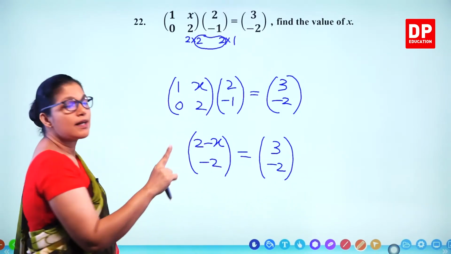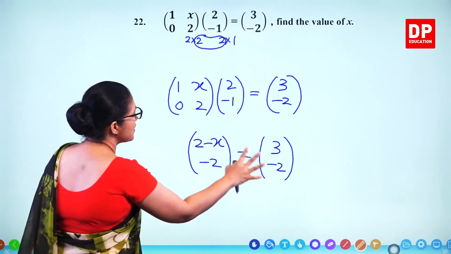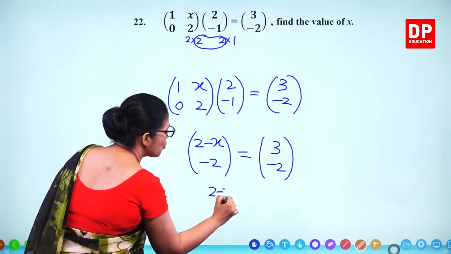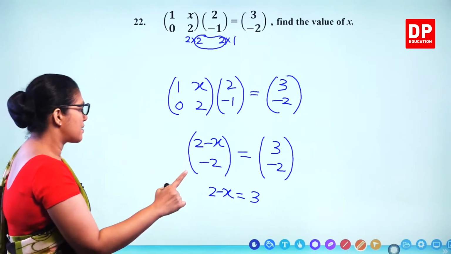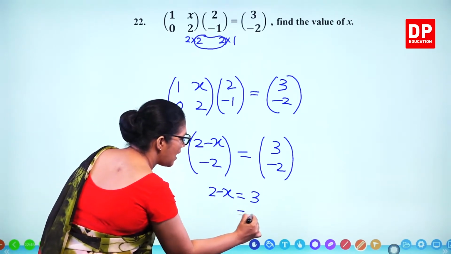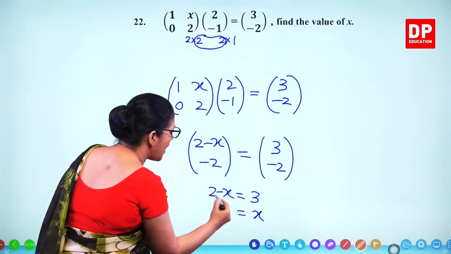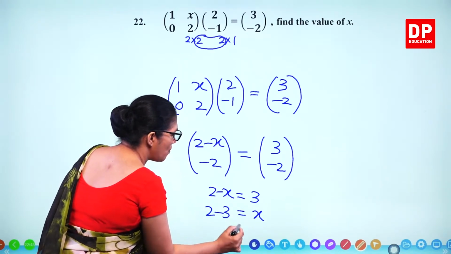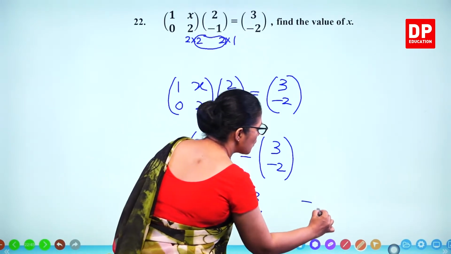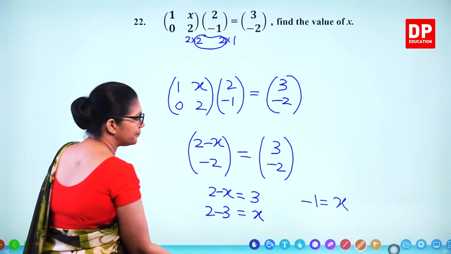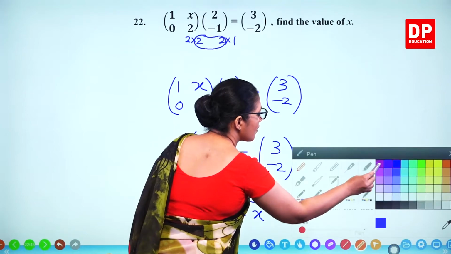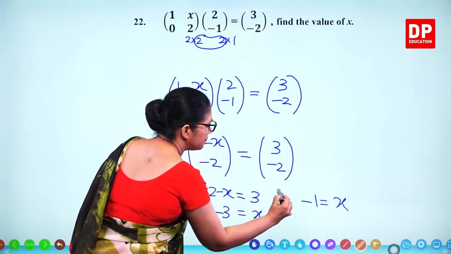You can compare the 2 sides. 2 minus x should be equal to 3. Then what is x? Take x to this side. That becomes x equals 2 minus 3. 2 minus 3 means minus 1. So x equals minus 1. 2 marks for that.